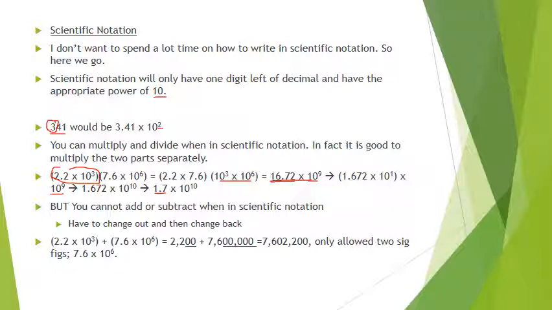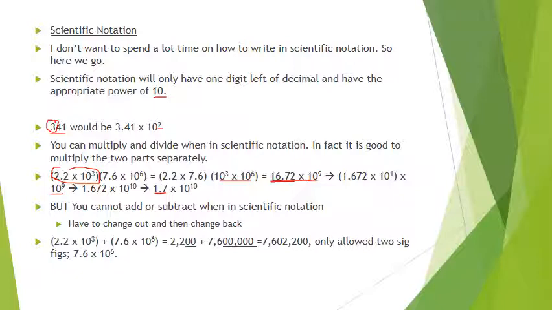But, okay, you can't add or subtract when you're in scientific notation. You can't take 2.2 times 10 to the third plus 7.6 times 10 to the sixth and go 2.2 plus 7.6 and come up with your answer.